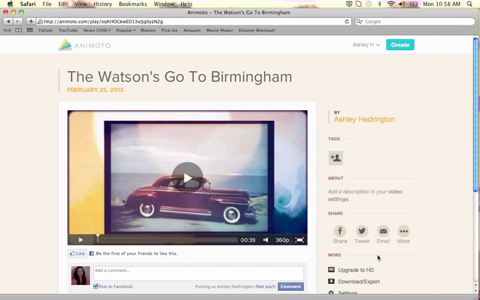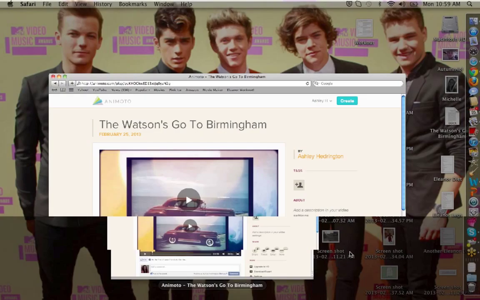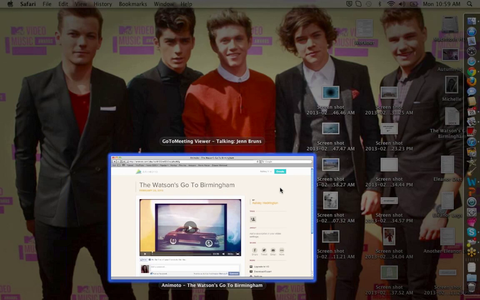I like the background. It was really neat. I like the background too. And you know what I really liked is that she chose some images that showed a lot of symbolism. There were pictures of the bombing and some of the civil rights era. So let's ask Ashley. Ashley, why did you choose the images that you chose?